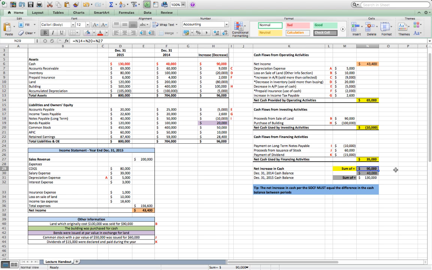If it doesn't, you did not do something correct in the statement of cash flows. The sum of the net cash from each of these three categories of activities must equal the difference in your cash balance over the year, because the whole point of the statement of cash flows is to reconcile the change in cash over the year.